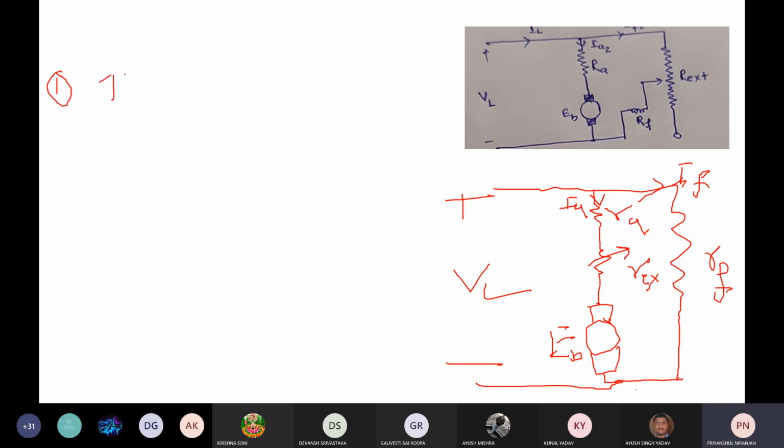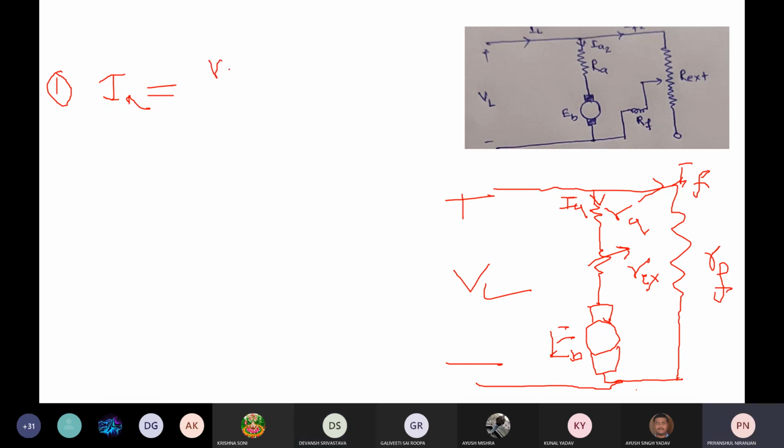What is the value of IA in that circuit? In terms of VL, बताओ भाई। यहाँ पे VL minus EB by RA.